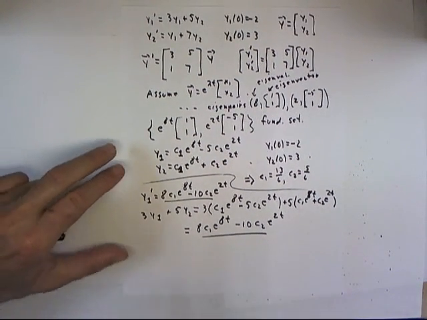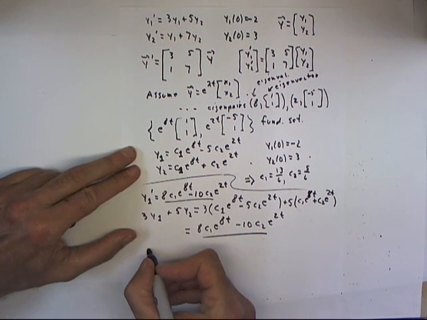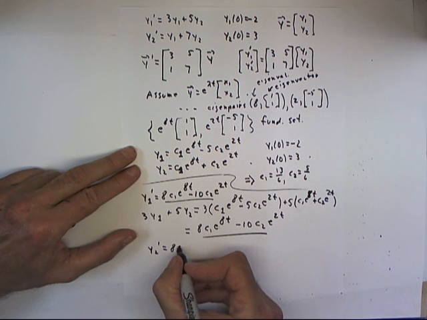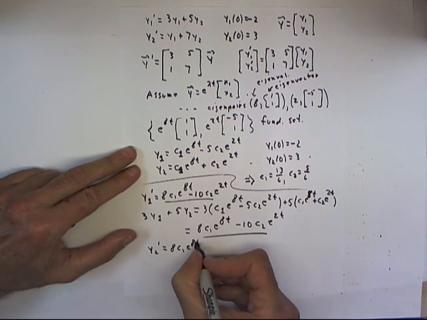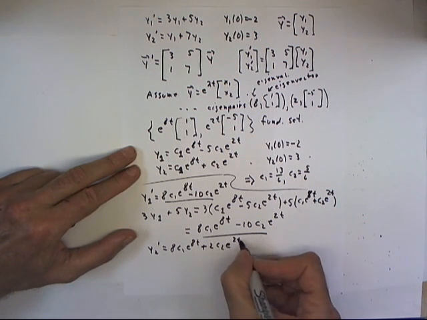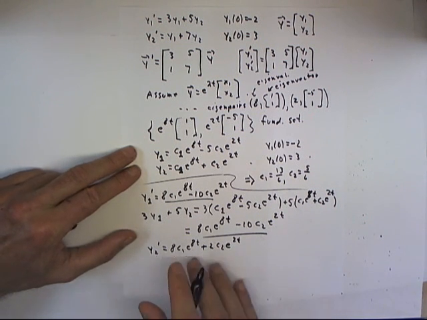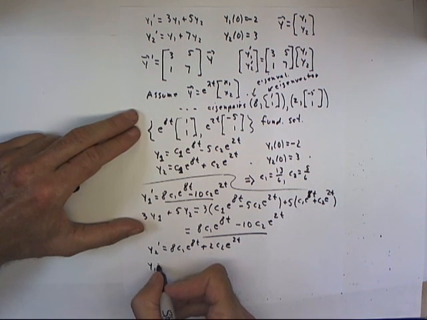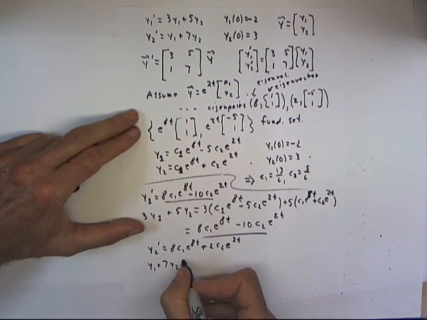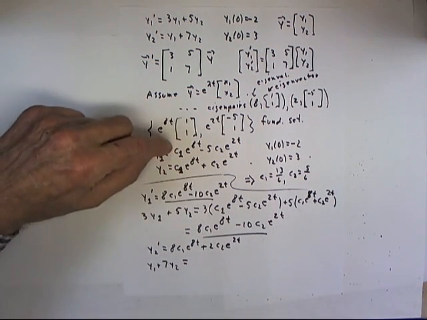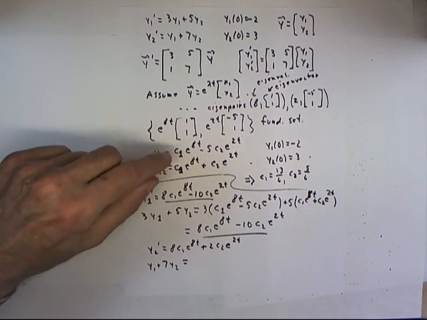And we might as well finish this up if we have room. Y2 prime, as we said earlier, is 8c1 e to the 8t plus 2c2 e to the 2t. And that should equal y1 plus 7y2. Now I'm not going to write it all out here. Y1 is just this, and 7 times y2.